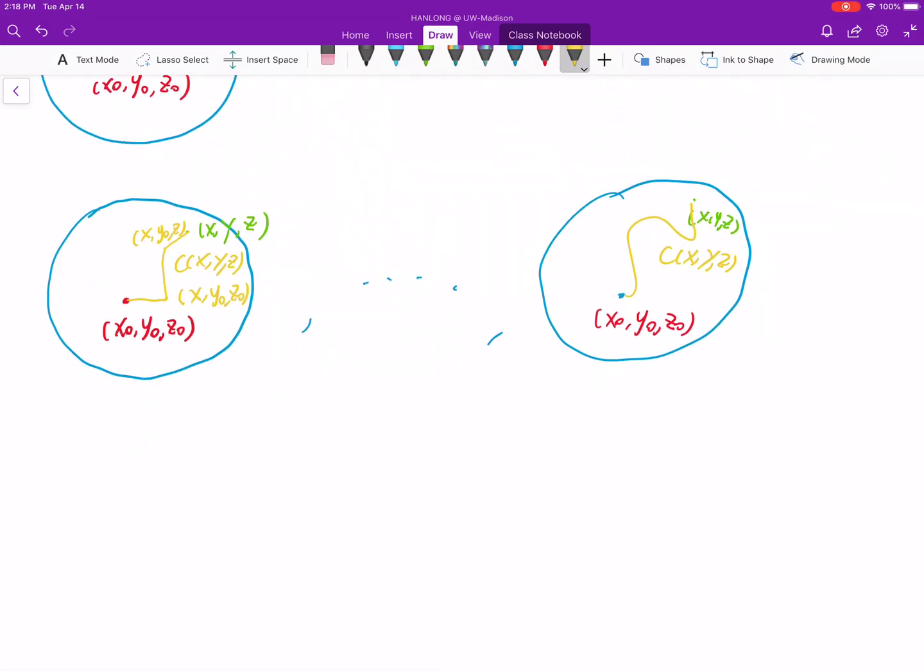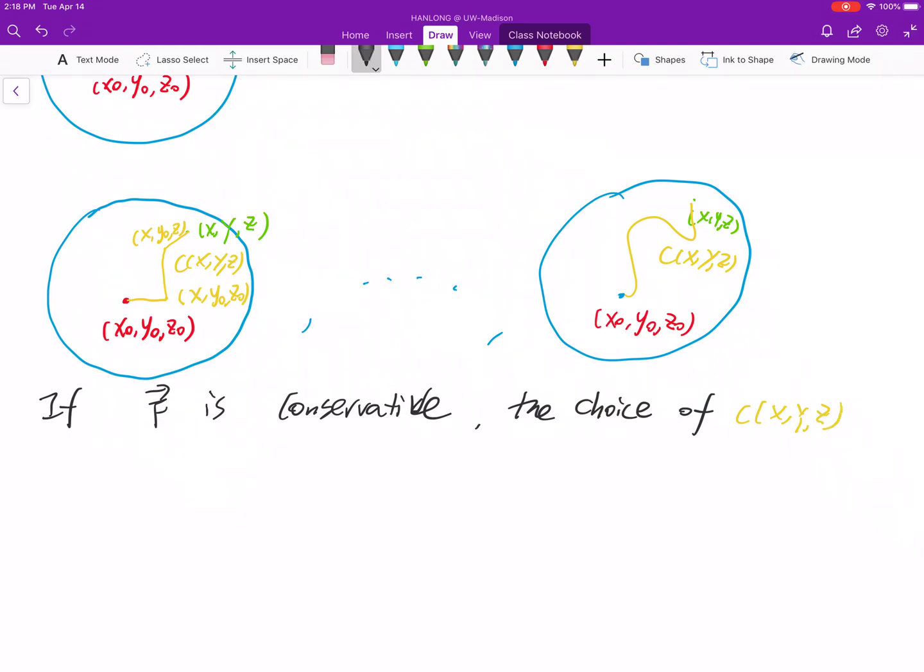Okay, if F is conservative, the choice of C(x,y) does not affect the final answer.